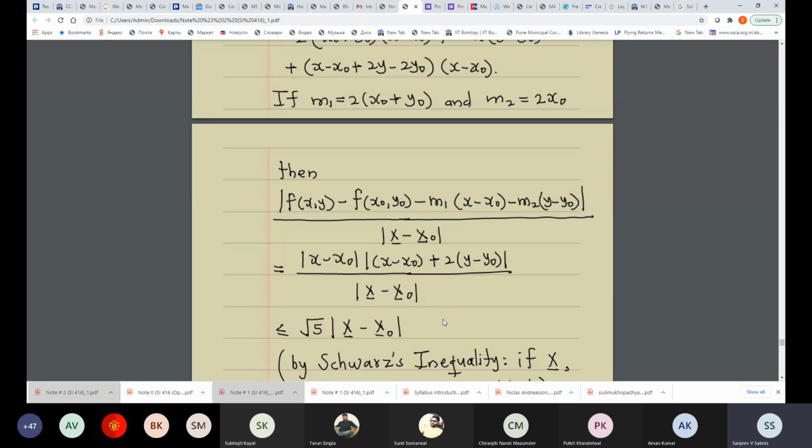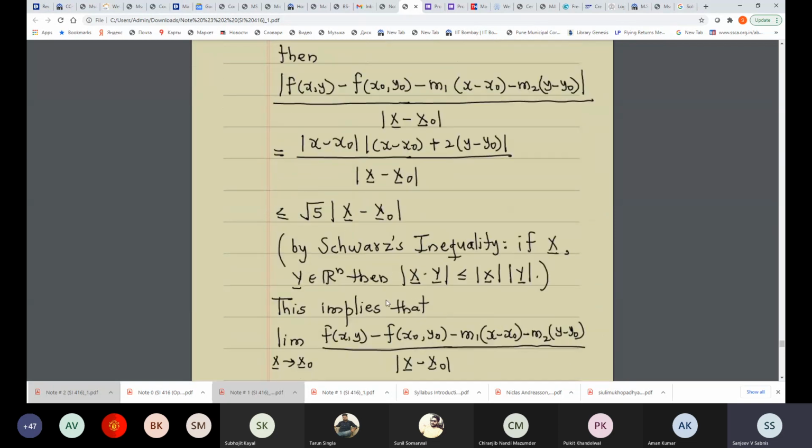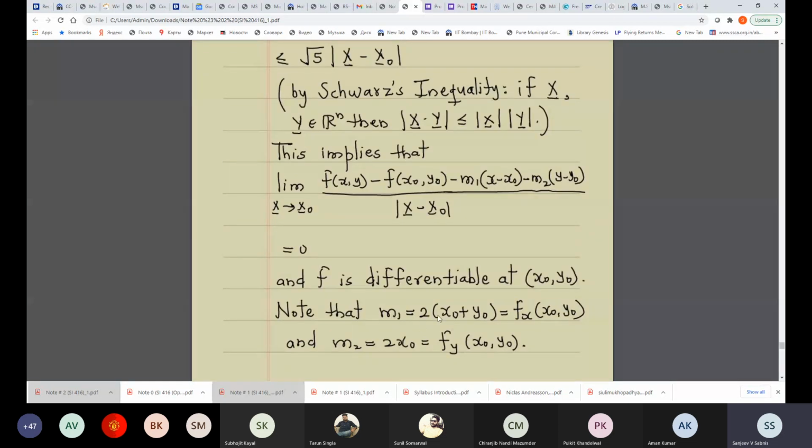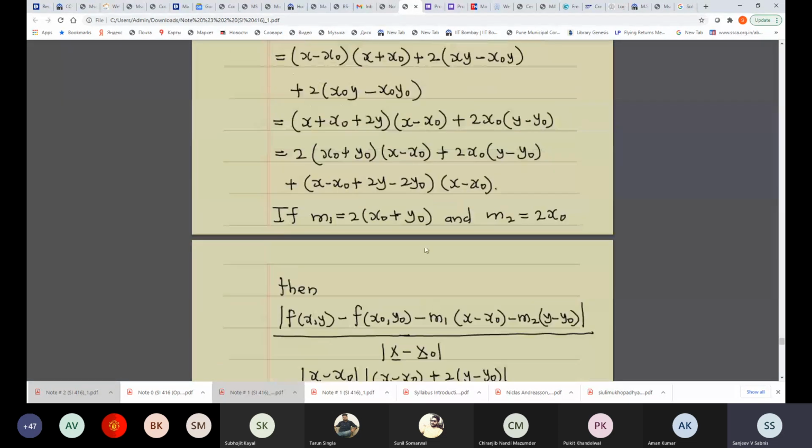This simplifies to this, no big deal, and this is less than or equal to this by the Cauchy-Schwarz inequality.